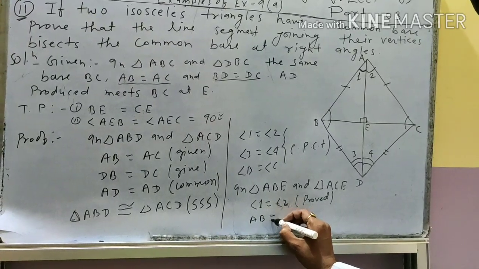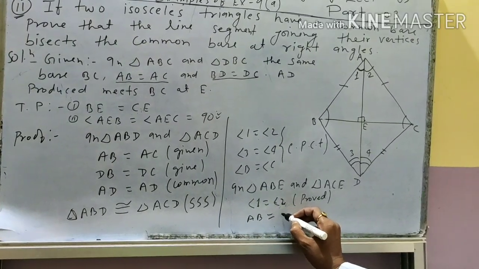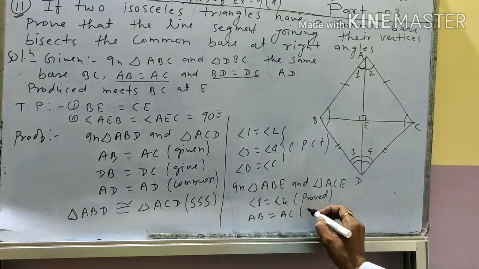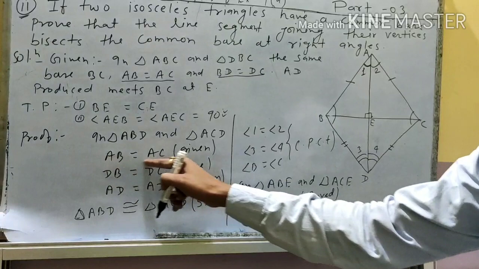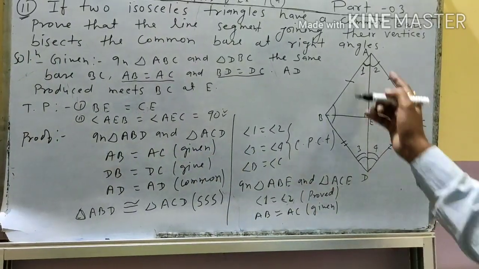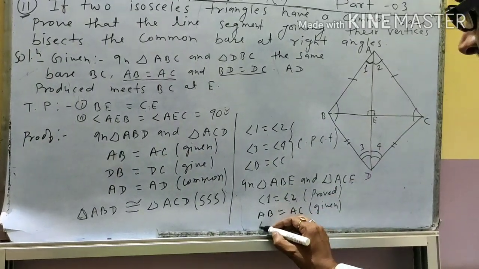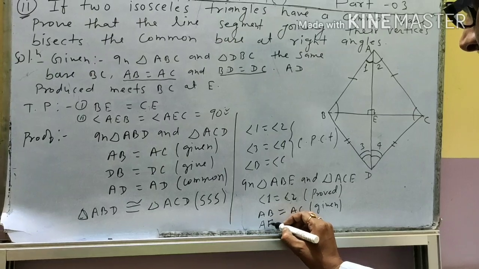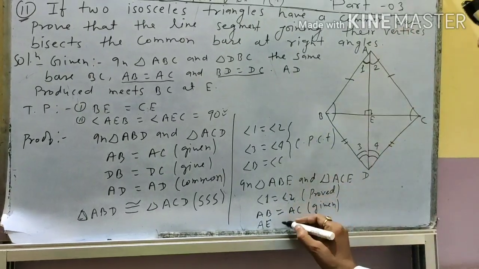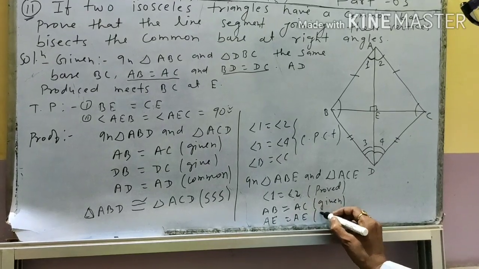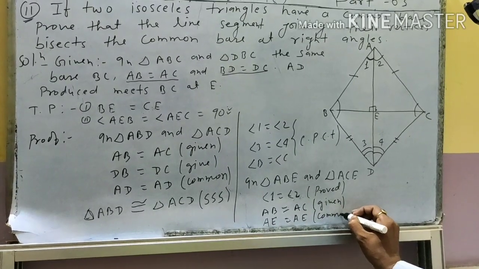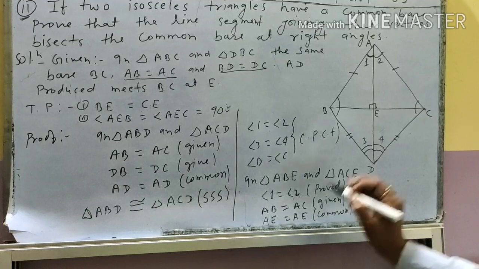AB is equal to AC, this is the given information. And the third one is AE is equal to AE, common.